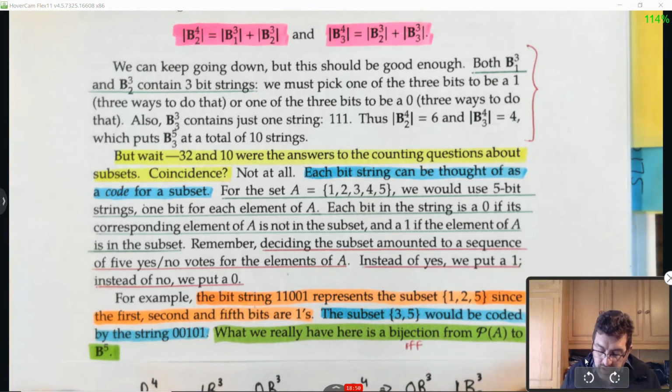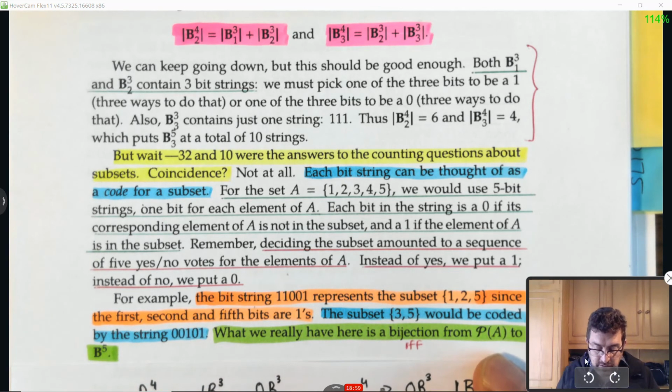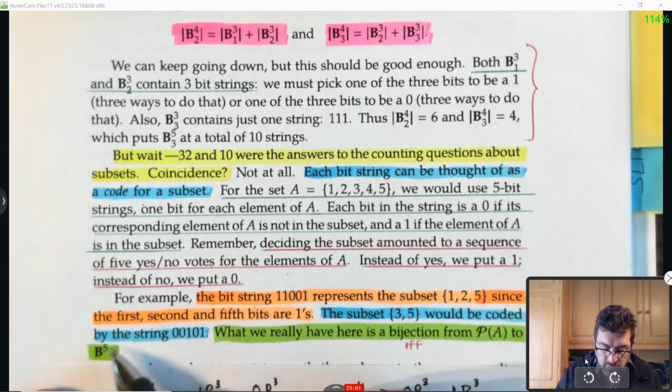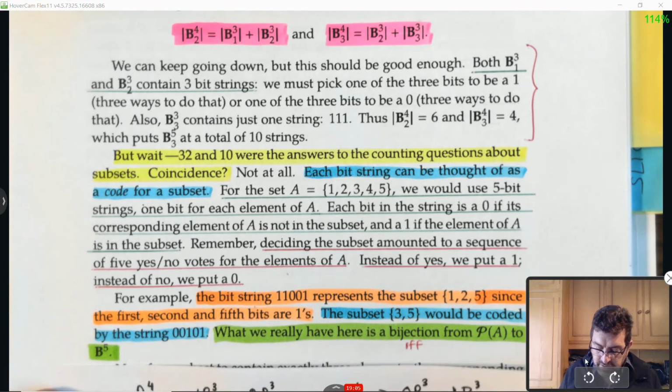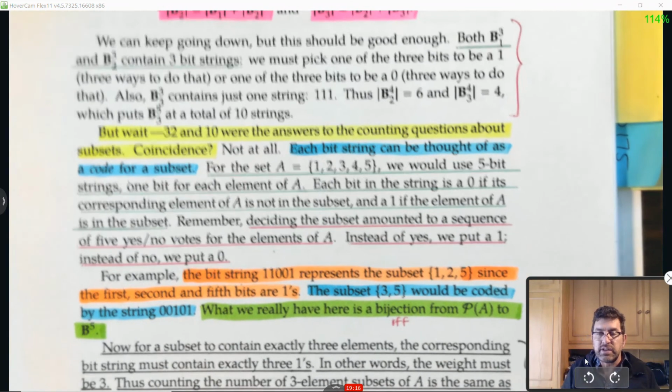What we really have here is a bijection from the power set P(A) to the bit strings with length of 5. And remember, a bijection is if and only if. Here is a very important statement, and then we will conclude this short video.